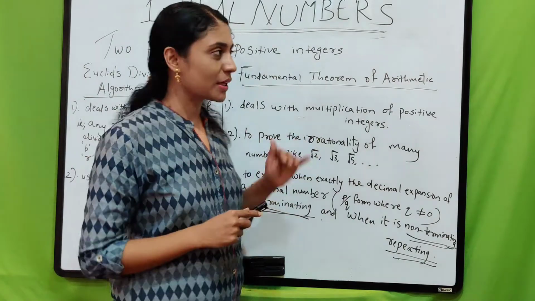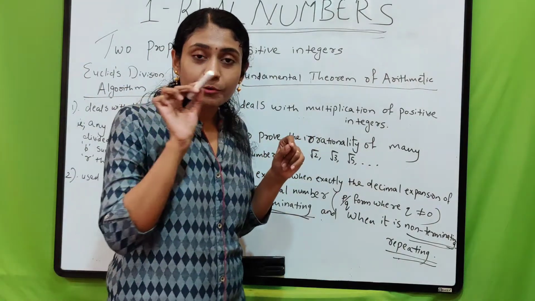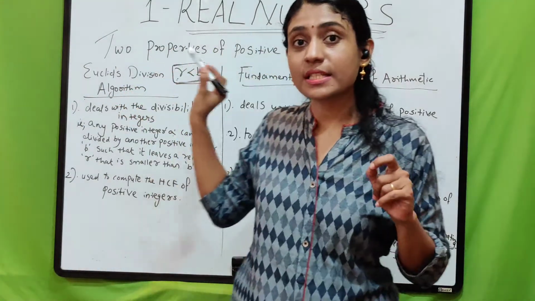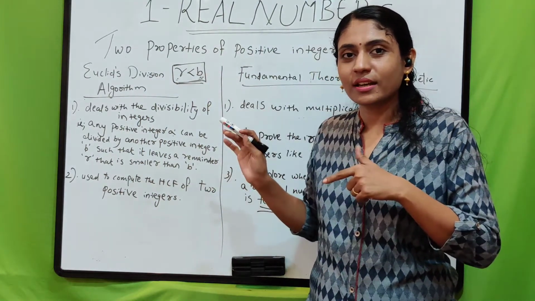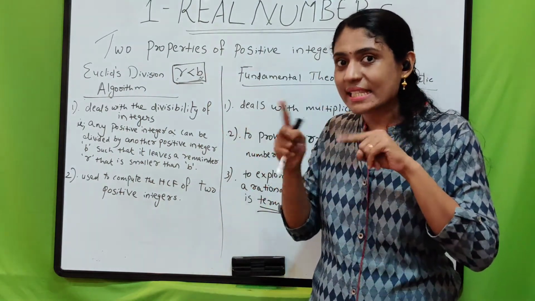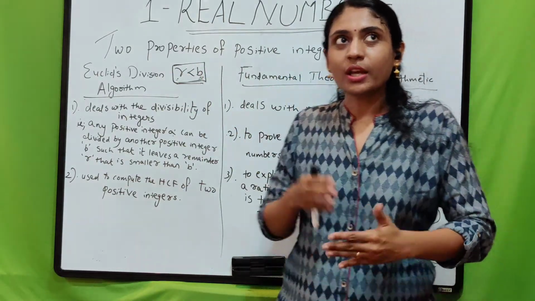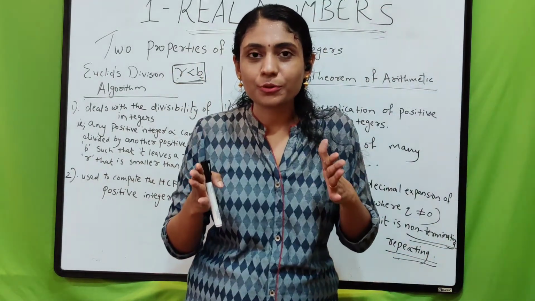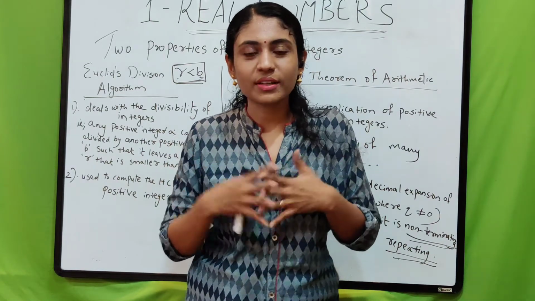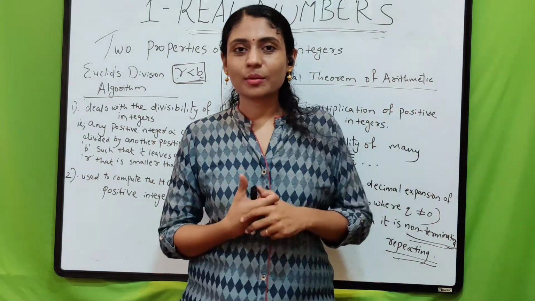It's easy to remember because Euclid's division algorithm, from the word itself, is division, so it deals with divisibility, and it is used to compute the HCF. In order to find the HCF, we use Euclid's division algorithm. In order to prove the irrationality of root 5 or root 7, we use the fundamental theorem of arithmetic.